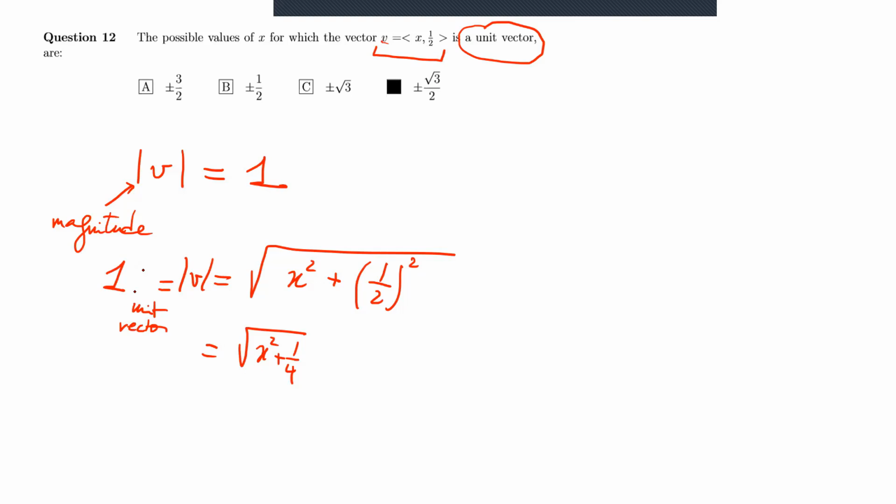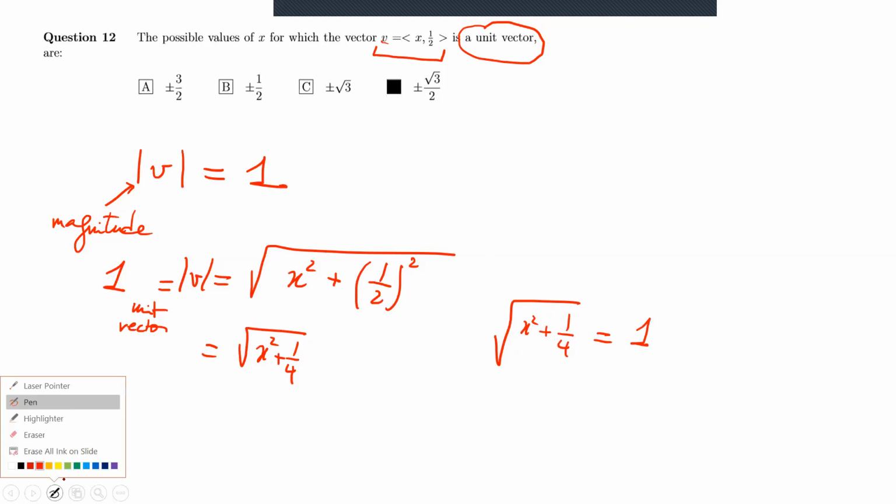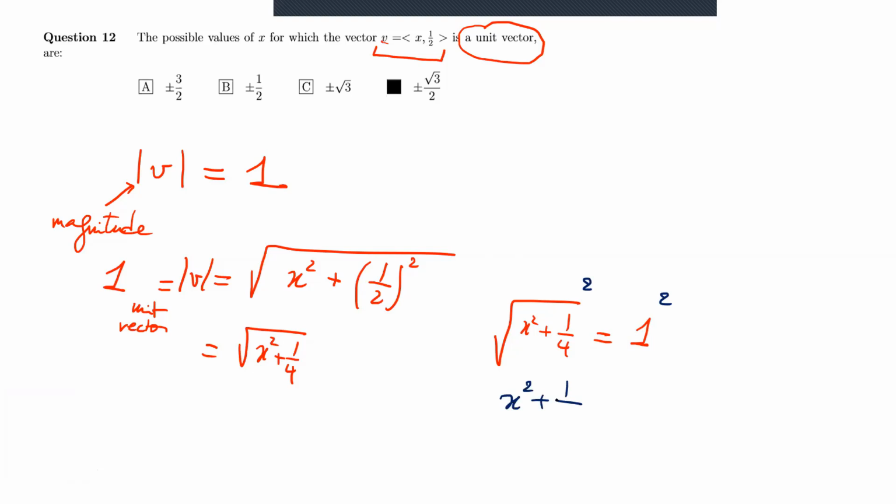So we get an equation to solve in x, which is the square root of x squared plus 1 over 4 equals 1. First step, to remove the square root, we take the square of both sides. x squared plus 1 over 4 equals 1.